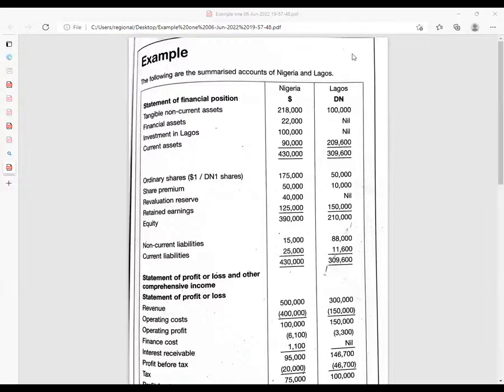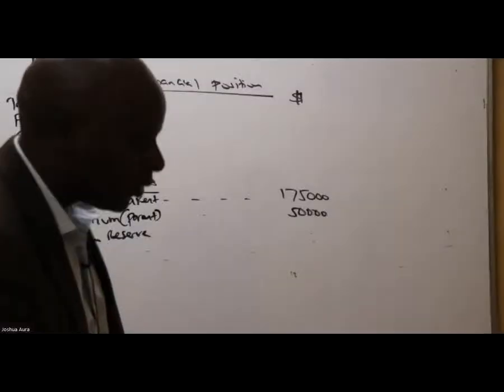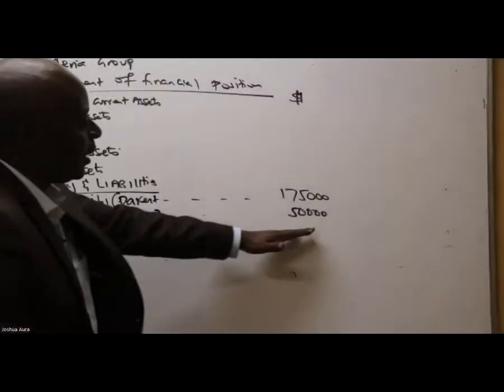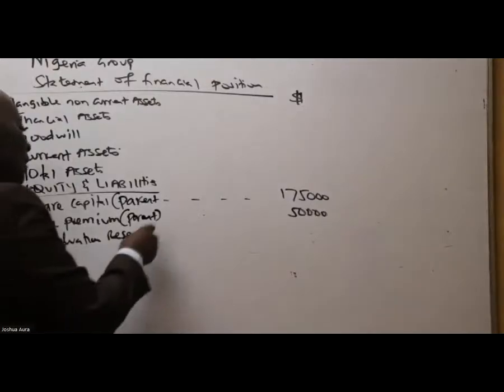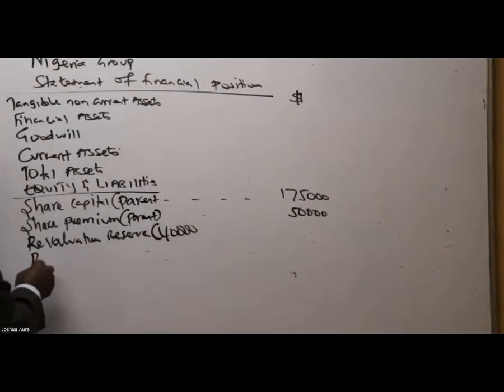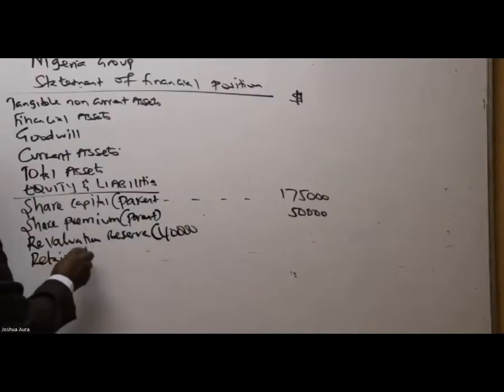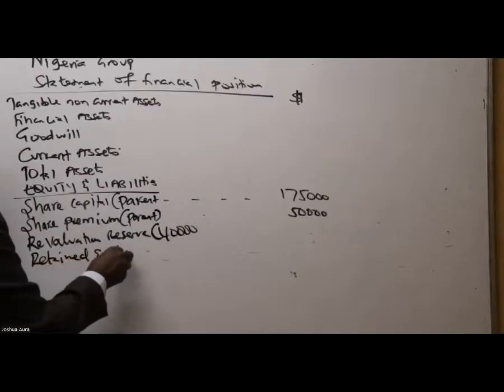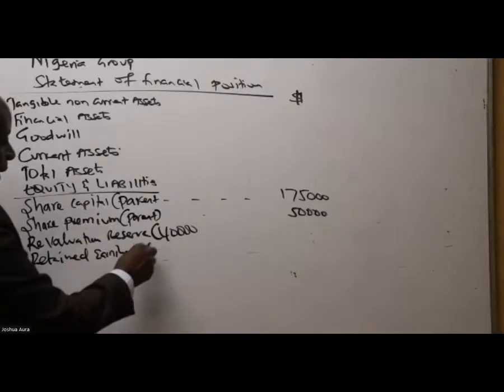40,000 alone. So 40,000, but I can't take it here as the net. This one may need some adjustments, just like retained earnings may need some adjustments.